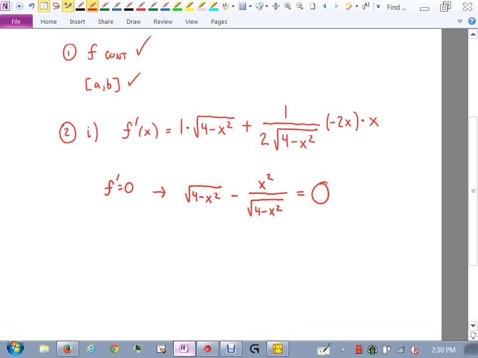So what did I do there? Crossed out those 2's, right? Canceled the 2's. I had a negative there, which made it a negative x squared. But I went ahead and put that negative in between them instead, right? On the first one, the 1 times that root's just that root. And now I have the pleasure of solving this equation.